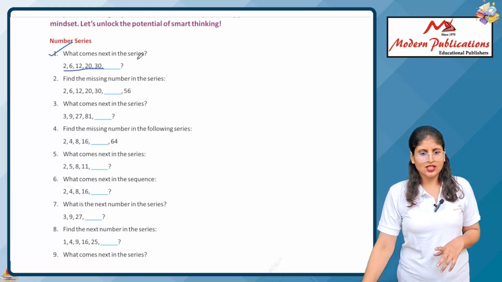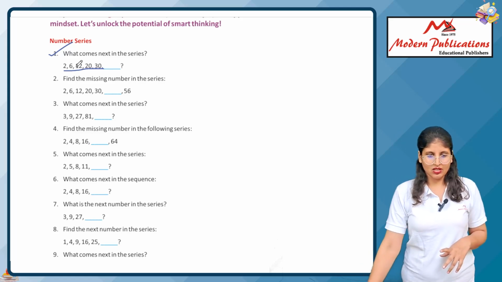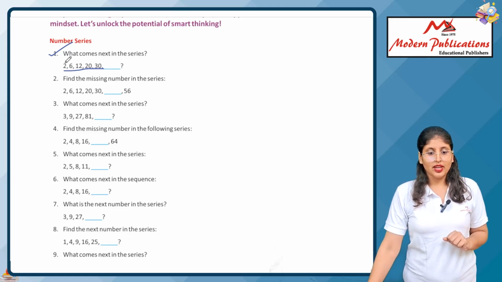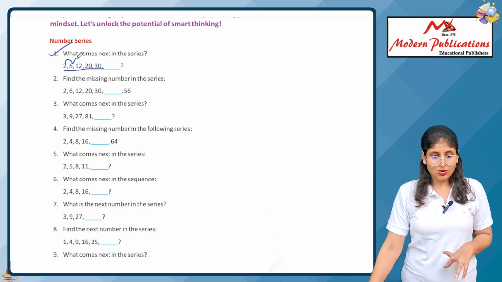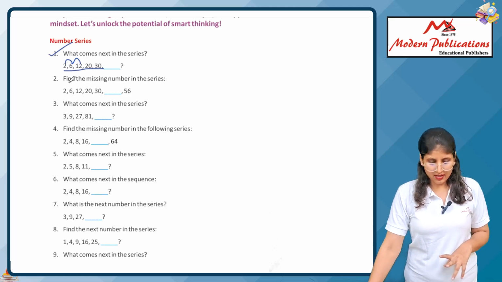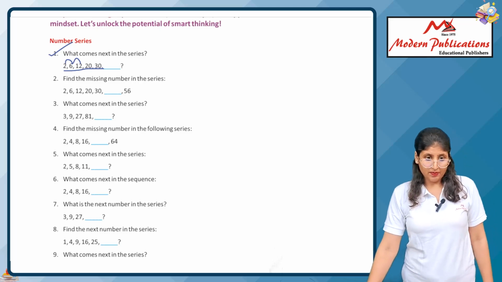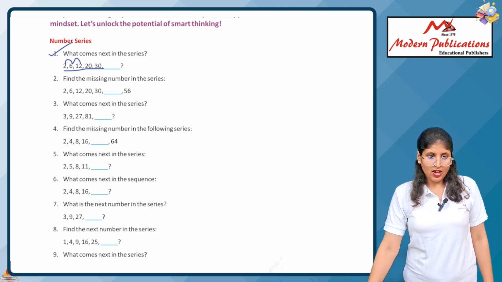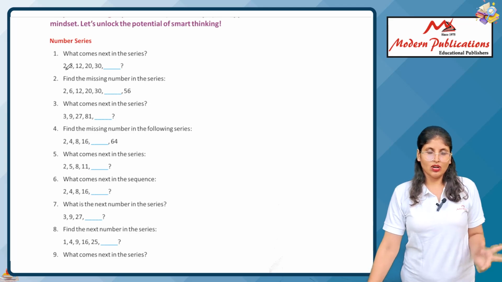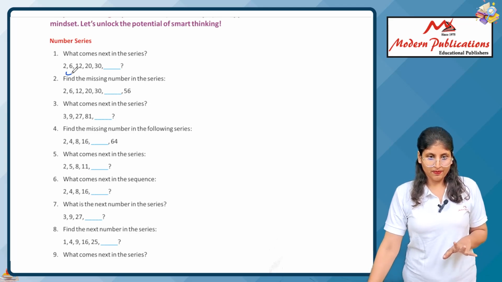2, 6, 12, 20, 30. What is there? First, see the difference between them. 2 to 6 is 4, 6 to 12 is 6, then 8, then 10.